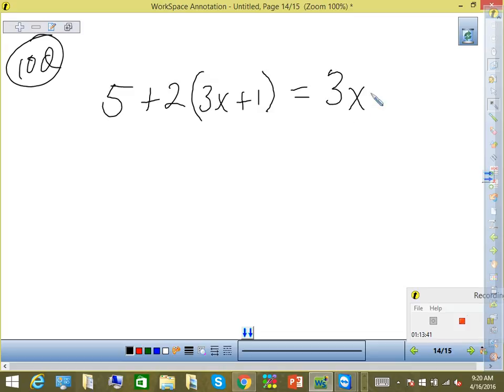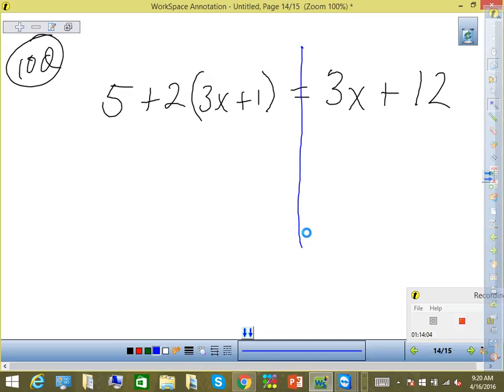3x plus... See what you get? Remember, focus on one side first. Get rid of those parentheses.